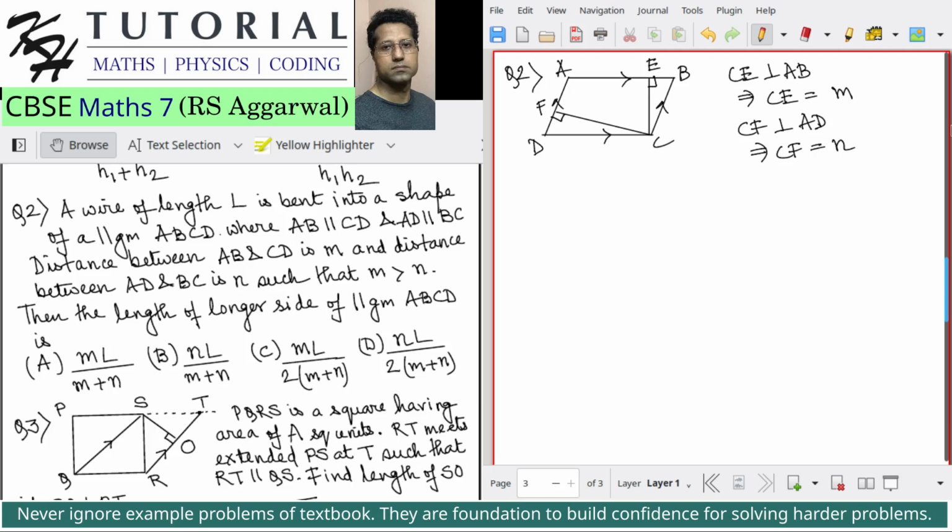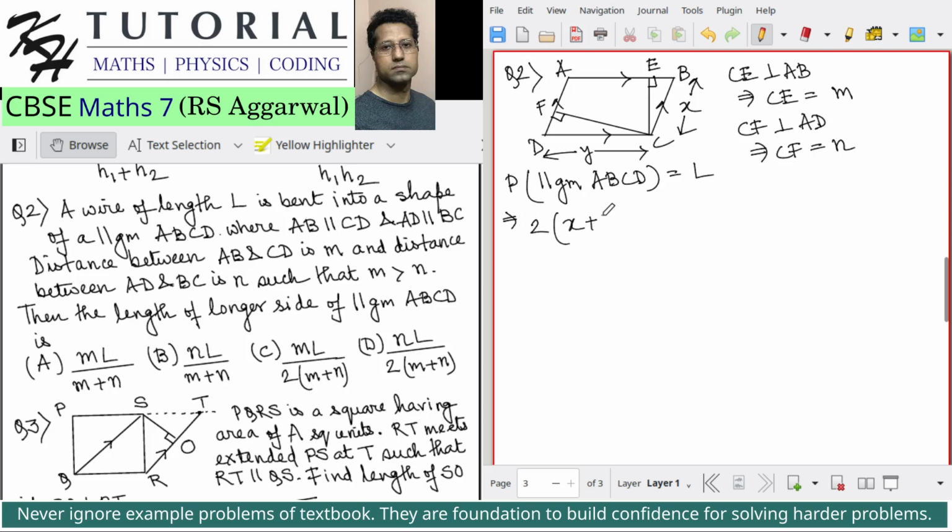Okay, now since this parallelogram ABCD is formed from a wire of length L, we can say that the perimeter of the parallelogram ABCD is equal to L. This implies, let's say the length of the opposite parallel sides AD and BC is equal to X, and let's say the length of the other pair of opposite parallel sides AB and DC be equal to Y. So the perimeter of the parallelogram ABCD will be 2 multiplied by (X plus Y), and this is equal to L. So this implies that X plus Y is equal to L by 2.